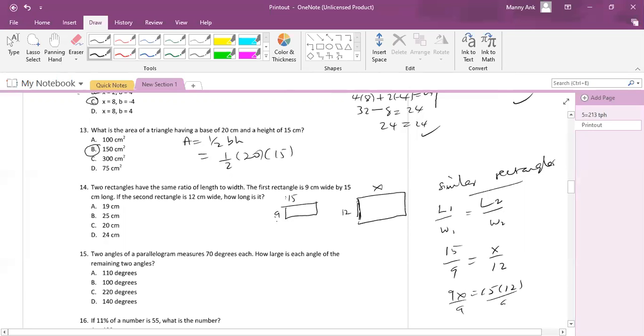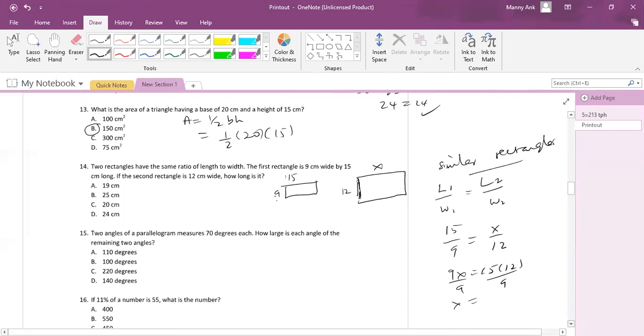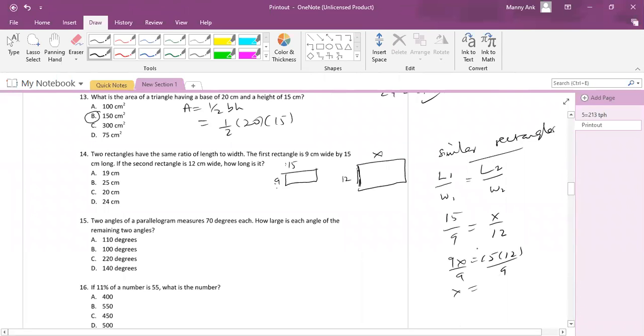Divide by 9, divide by 9. So your x will be equal to, you can use your calculator, or if you want to reduce to lowest terms, 3 into 9 is 3, 3 into 12 is 4. 3 into itself is 1, 3 into 15 is 5. So 5 times 4, and then we have 20 centimeters. So the answer is C.